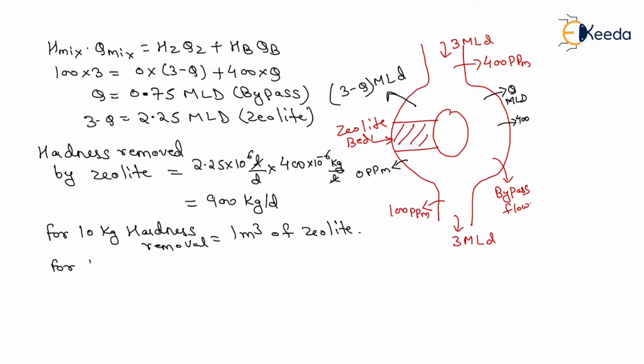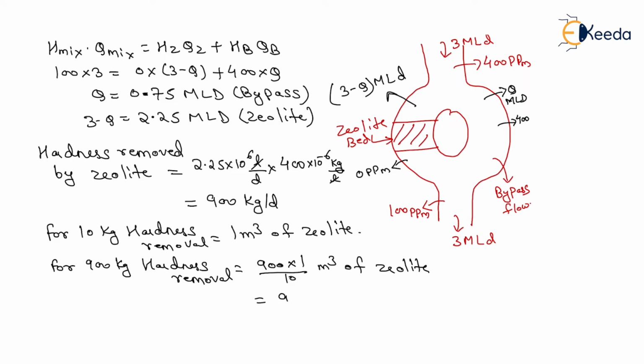So for 900 kg hardness removal, what will be the volume of zeolite bed? It will be 900 into 1 divided by 10 meter cube, and the volume of zeolite bed will be 90 meter cube of zeolite.